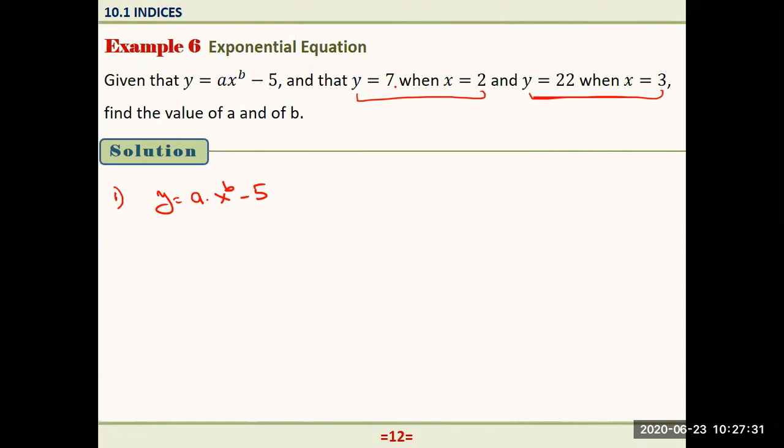It says that when y equals 7, x equals 2. So 7 equals a times 2 to the power b minus 5.